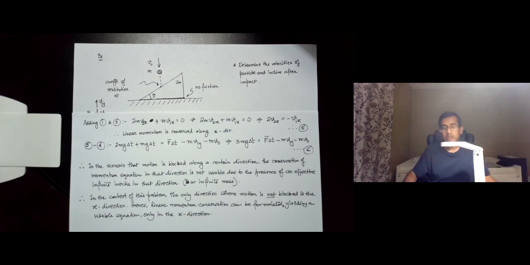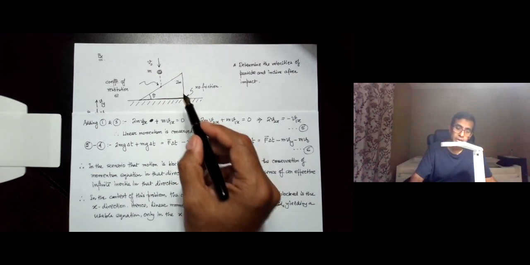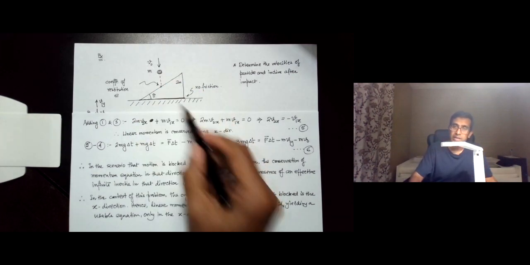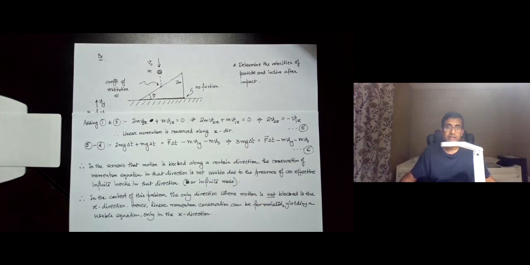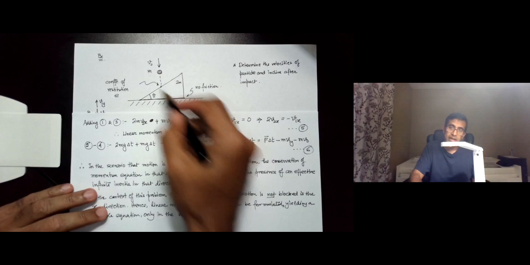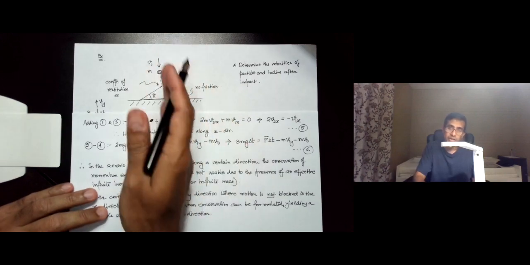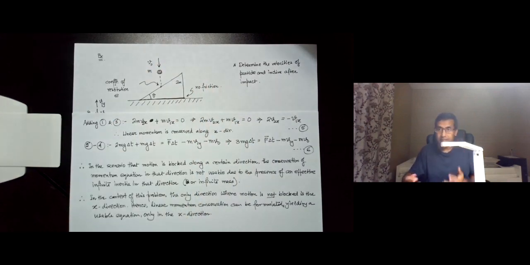Now you may be curious whether I can write the linear momentum conservation equation along any other inclined direction, and the answer is no. As long as that inclined direction has a component along the vertical, you are still encountering that infinite inertia. You are still encountering the direction where the motion is blocked.